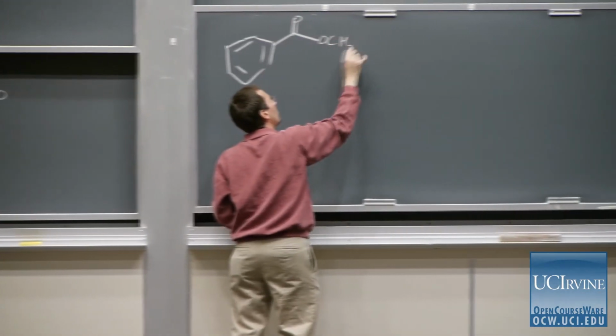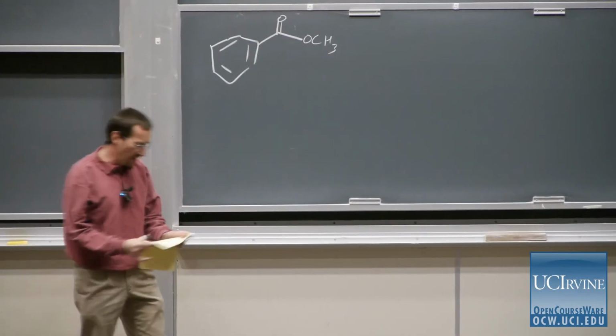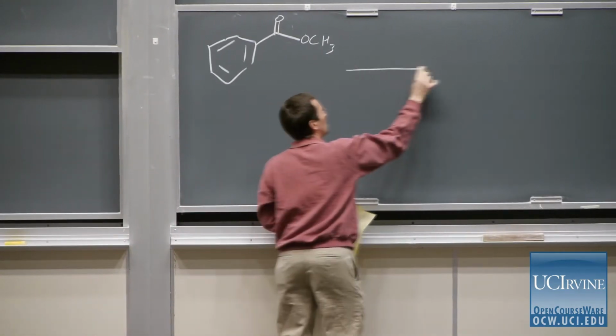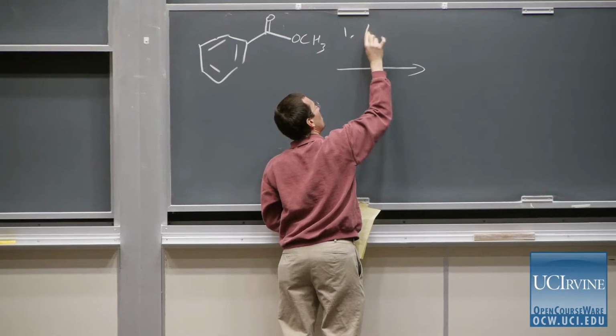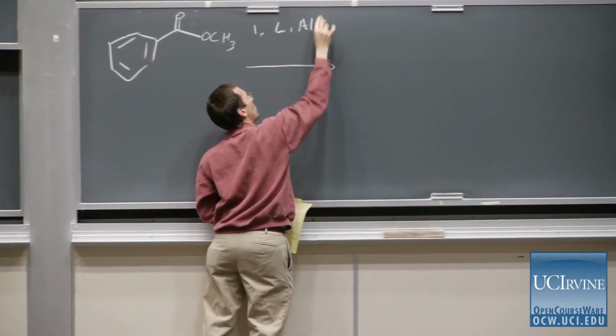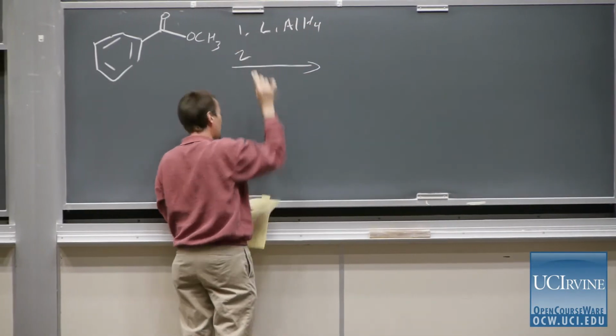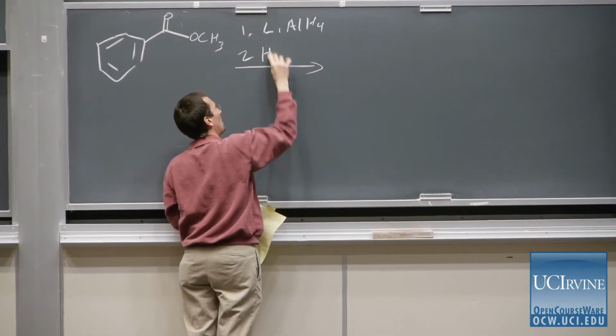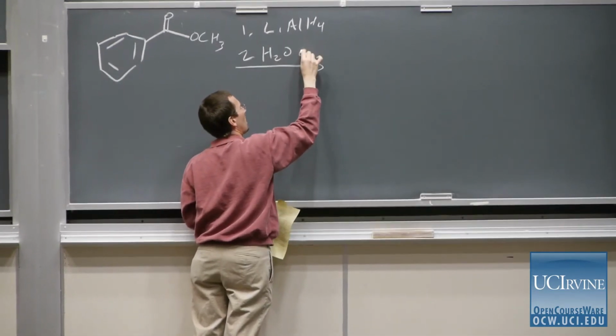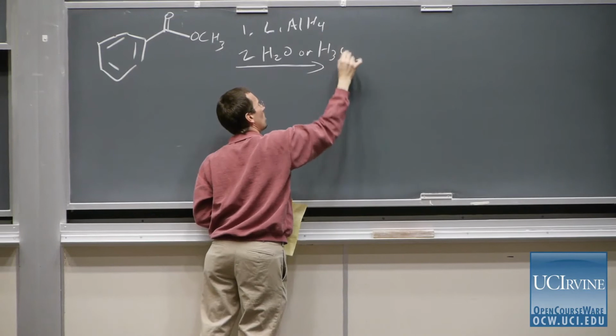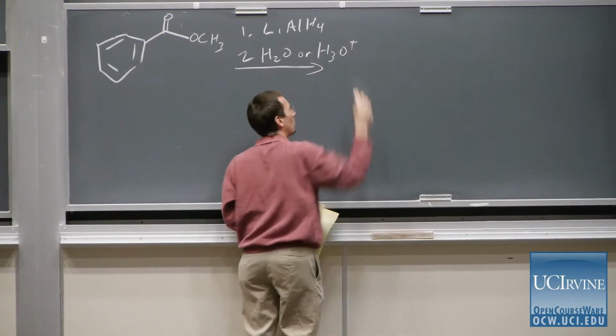In other words, if we take an ester like methyl benzoate, it's the one I wrote in the previous class, and we treat it with lithium aluminum hydride, and then we carry out an aqueous workup with water, as your textbook writes, or H3O plus aqueous acid like HCl in water.